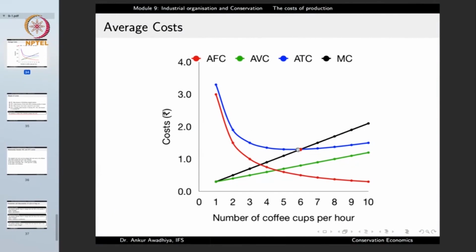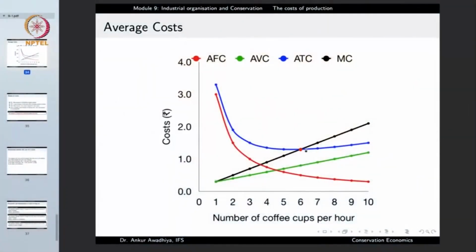before this point, so to the left of this point, the marginal cost is less than the average total cost, which means that if one more cup of coffee is produced, then the average total cost will further reduce. Whereas to the right of this, the marginal cost is more than the average total cost.